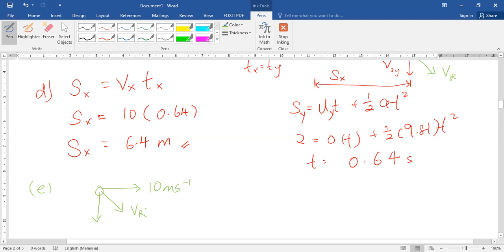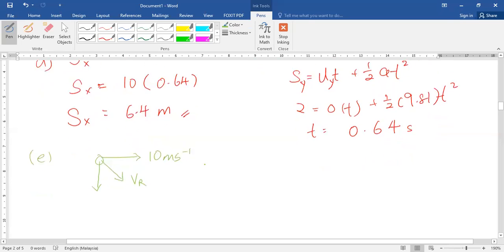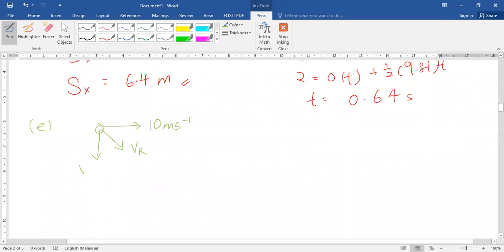What we need to find out is the Vy first. So I use the formula. That means that when it's here, at maximum height, Uy is equal to 0 ms^-1. What is the Vy when it reaches the ground?